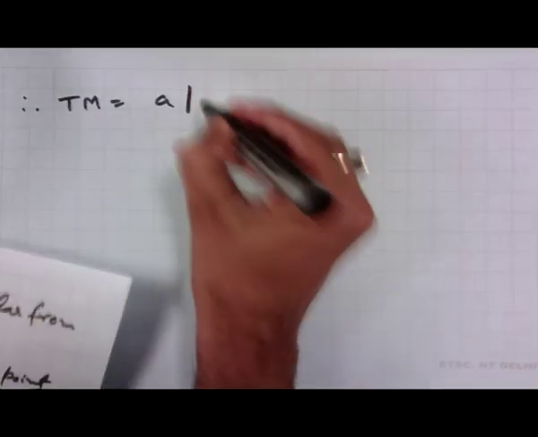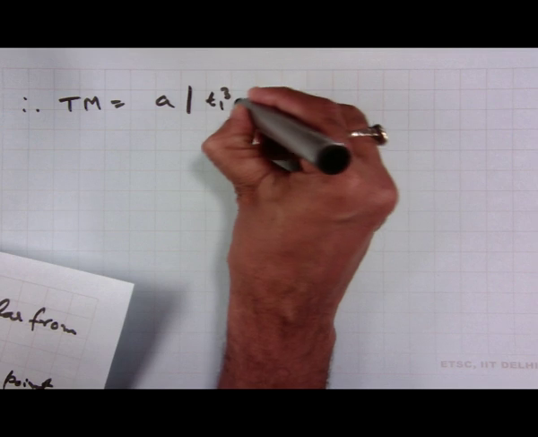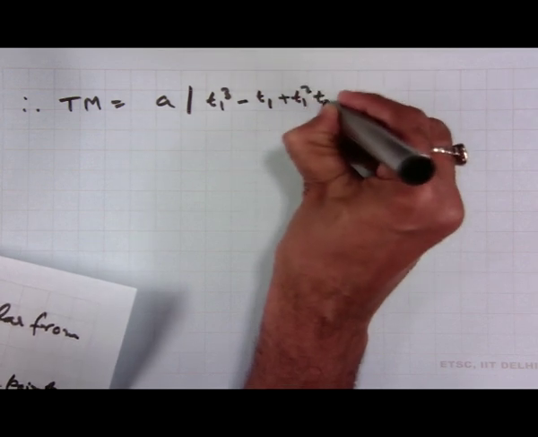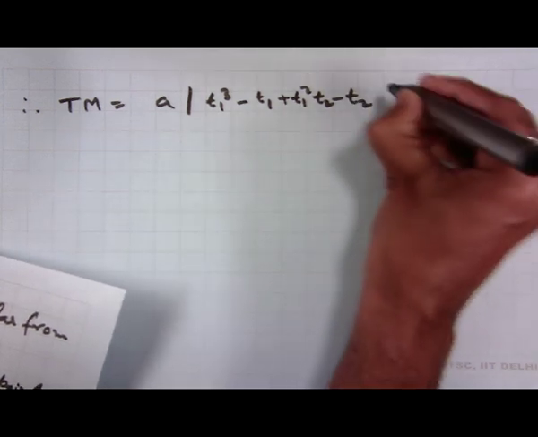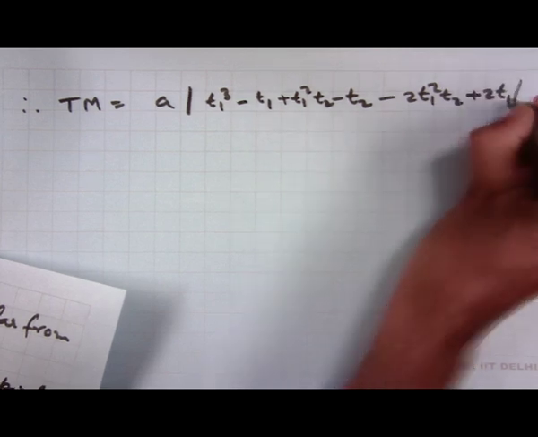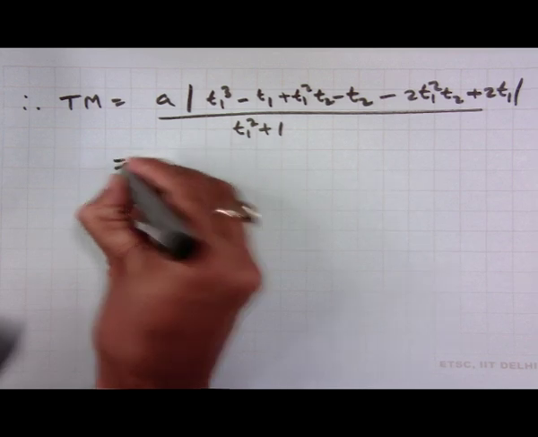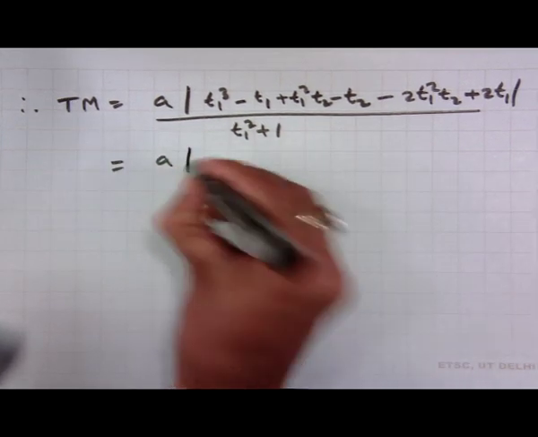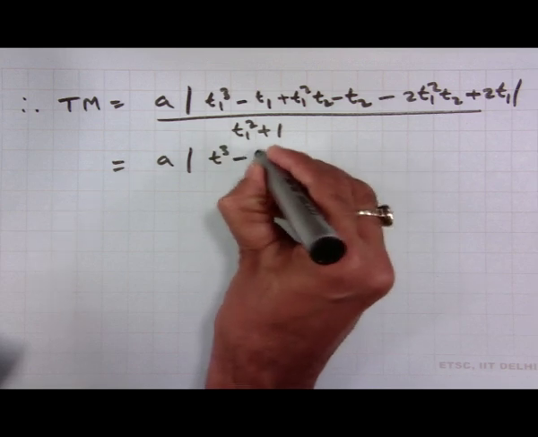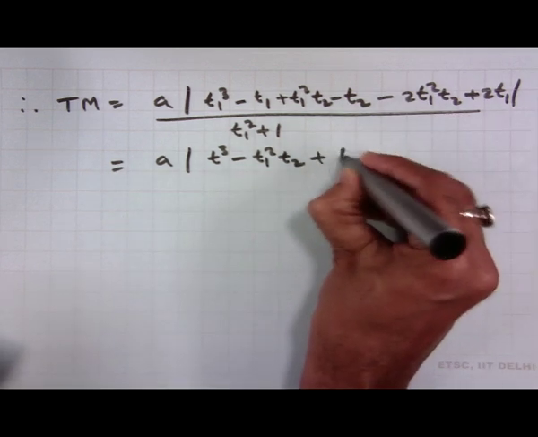So, this is a times t1 cube minus t1 plus t1 square t2 minus t2 minus 2 t1 square t2 plus 2 t1, divided by the denominator t1 square plus 1, which is equal to a times t1 cube minus t1 square t2 plus t1 minus t2.